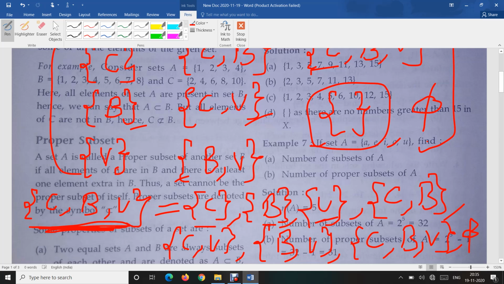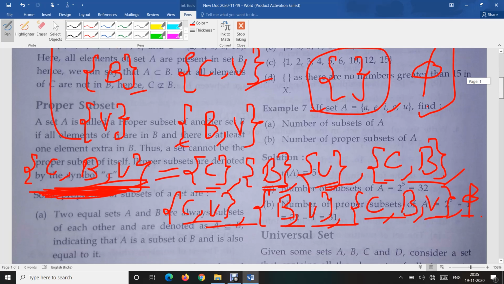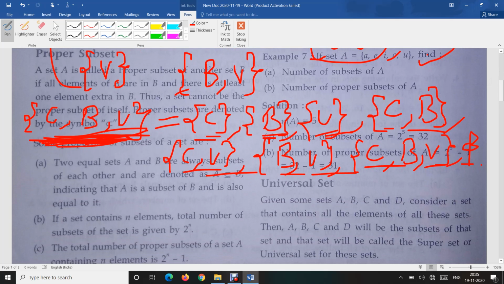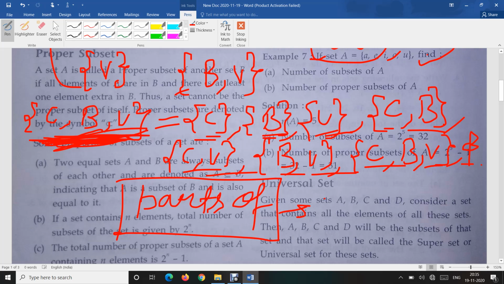Now all these options are the parts of this set. That means we can say these are the parts of this set, and we call these parts subsets.